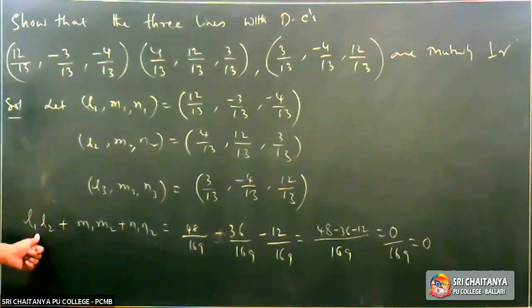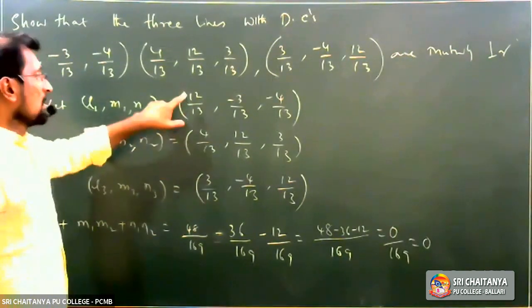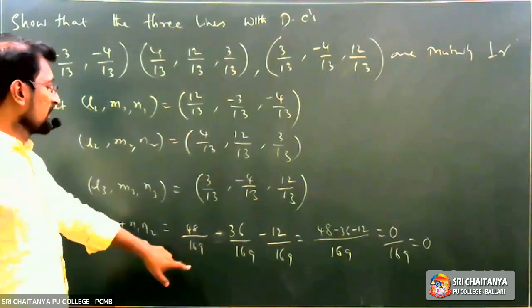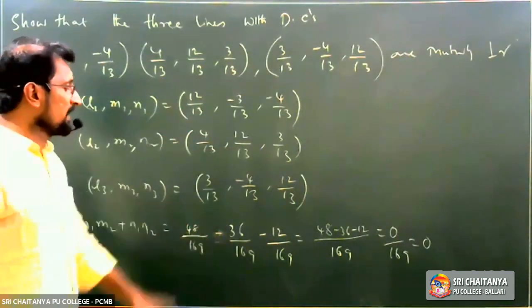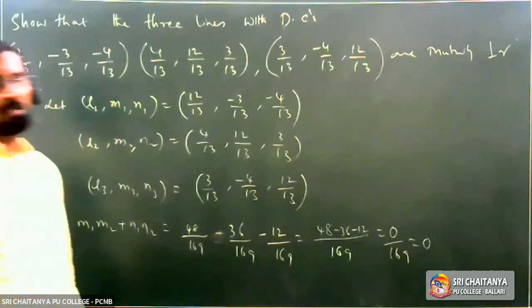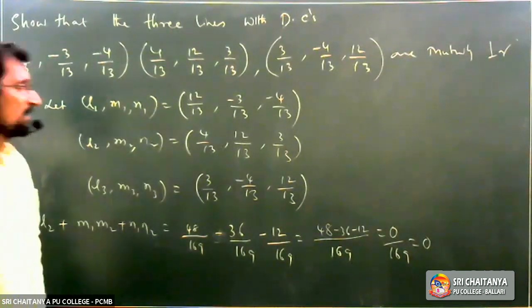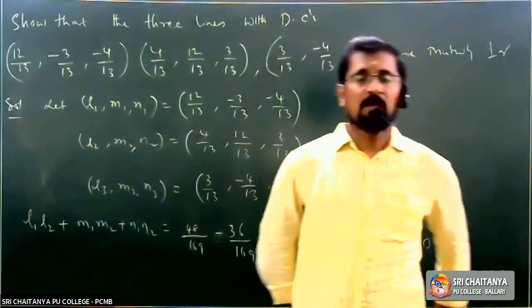I am going to repeat this step once again. Observe this one. This is L1, this is L2. 12 fours, 48 by 169, minus 3 into 12, minus 36 by 169, minus 12 by 169. Take 169 as LCM and in the numerator you are going to get 48 minus 36 minus 12.